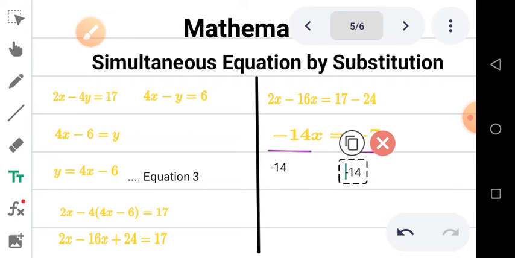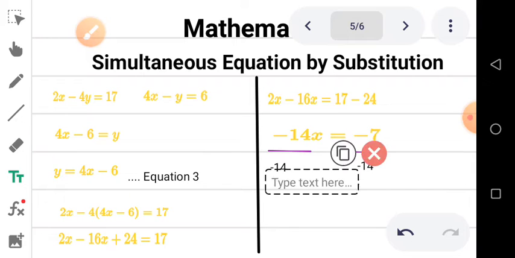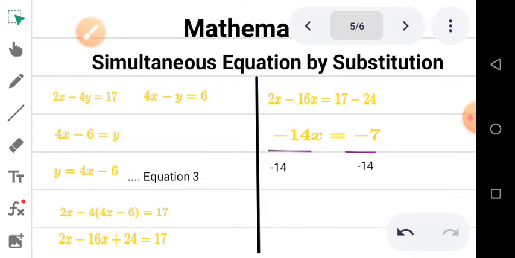When we do this, minus 14 will cancel minus 14, and 7 in 14 is 2.